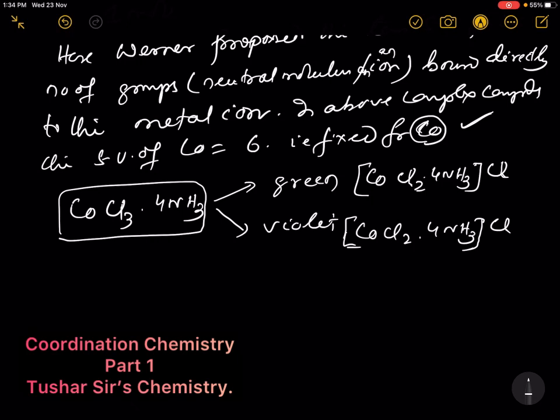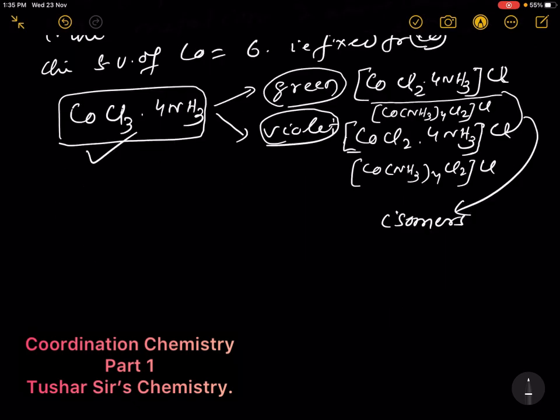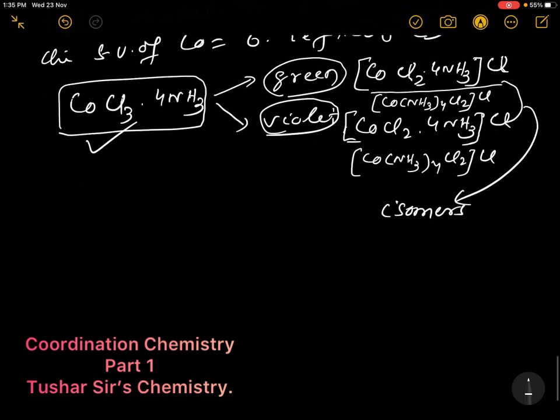Here you see this compound can be written like this also: Co(NH3)4Cl2 Cl. But interesting, one of them is green in color and the other one is violet in color. So these two compounds are isomers as they have the same molecular formula.